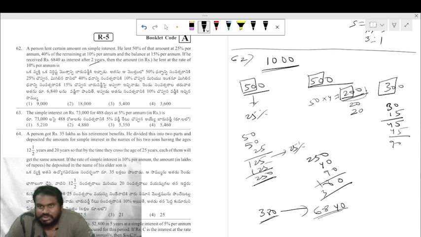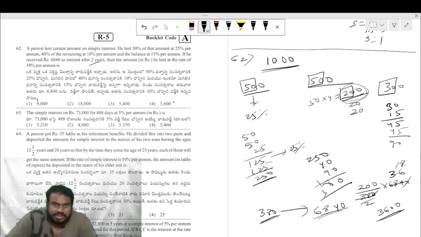So what do these 200 parts become equal to? 380 parts become equal to this, so 200 parts become equal to what? 200 by 380 into 68400 gets the answer. 19 2s are 38, 19 3s are 57, 19 6 114, 2 1s are 2, 18 2s are 36. 3600 is the answer.